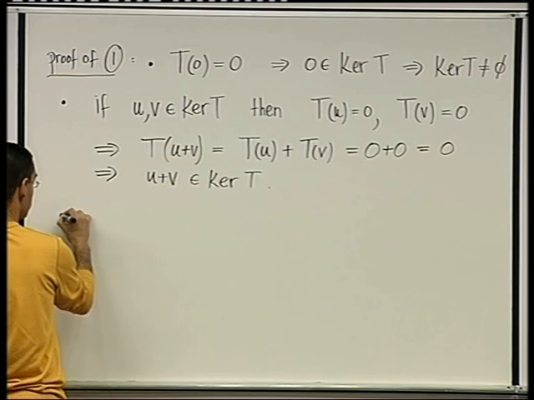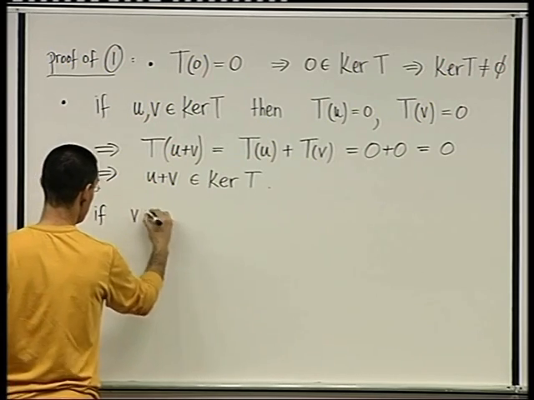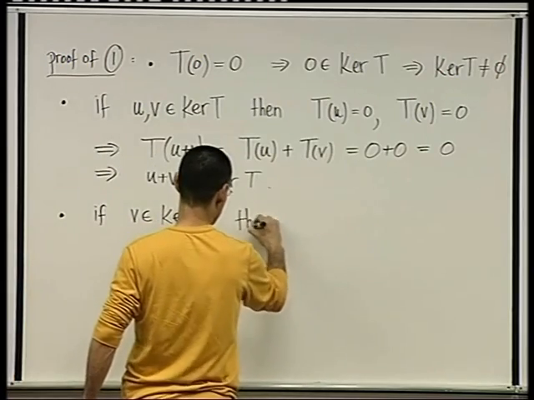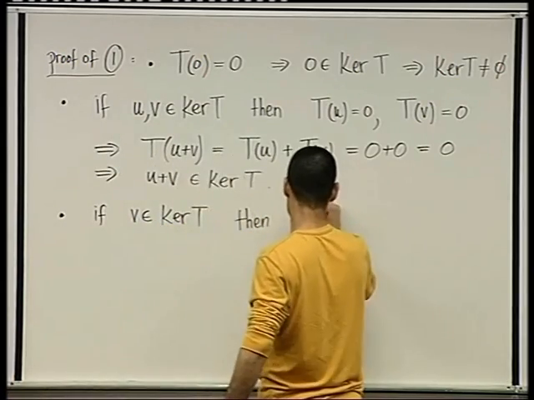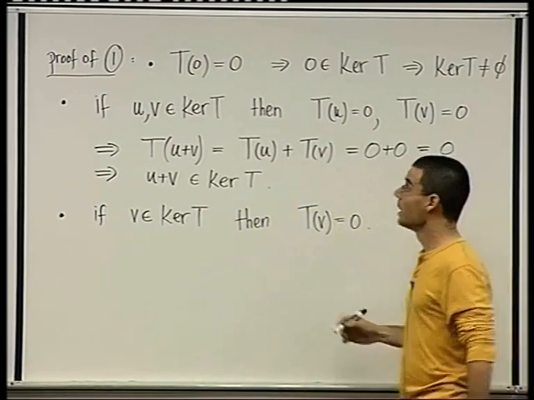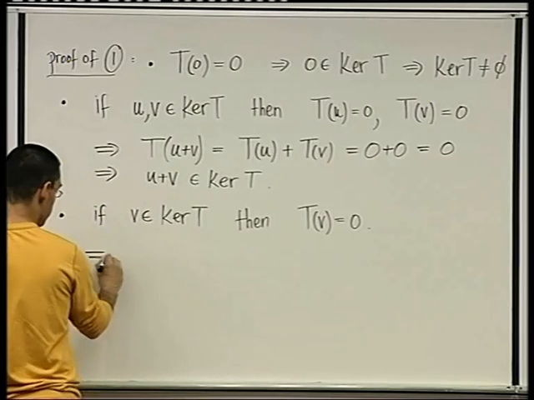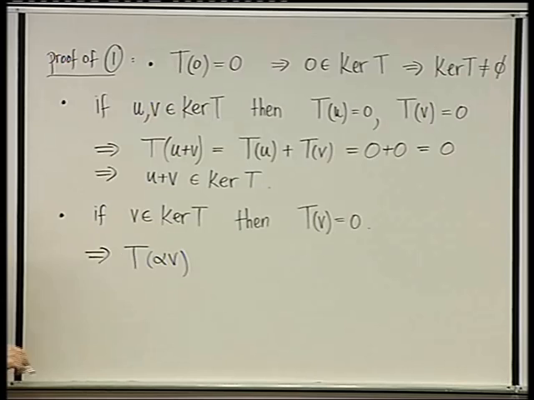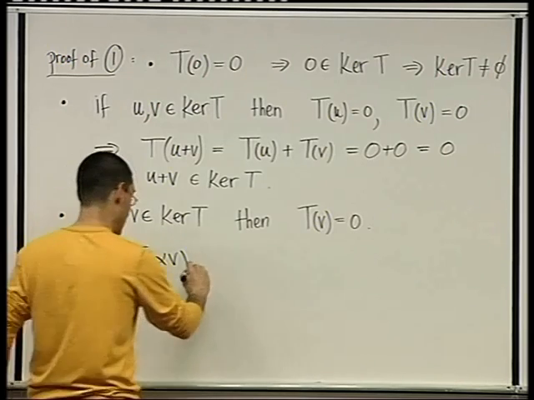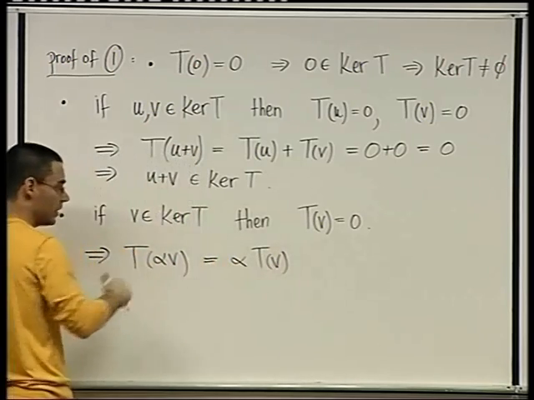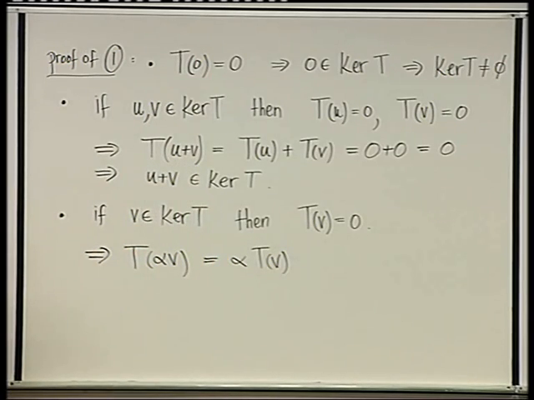Likewise, if V is in the kernel, then by definition T of V is 0. Therefore, T of alpha V, by being a linear transformation, means that you can pull out the alpha. That's the second property of being a linear transformation.